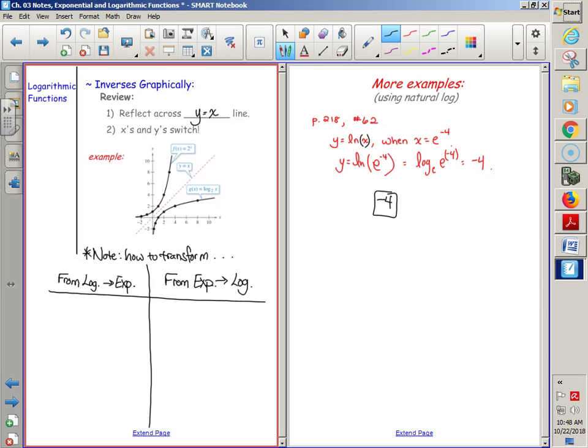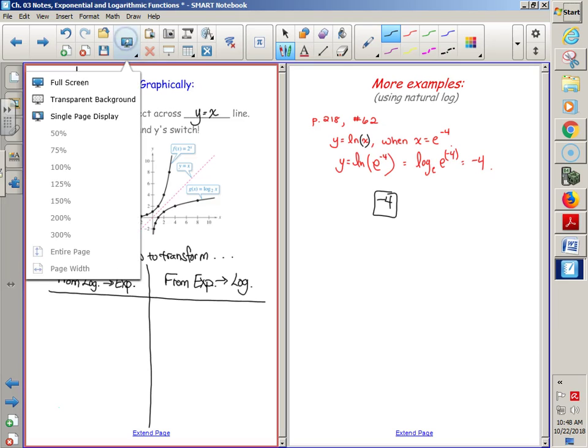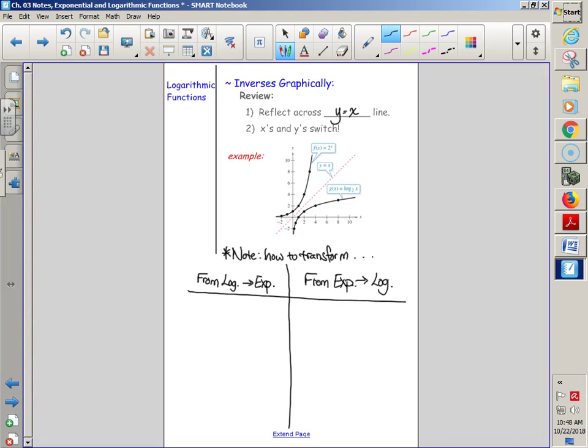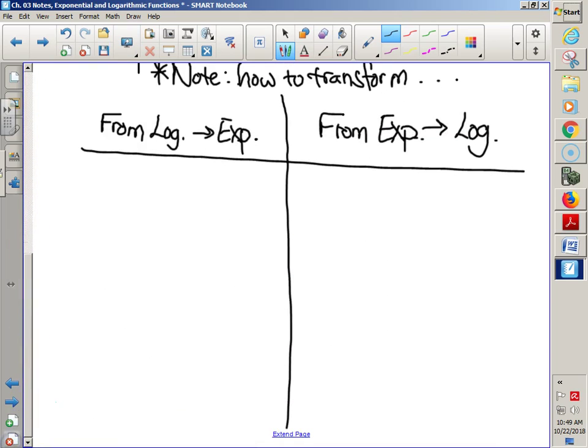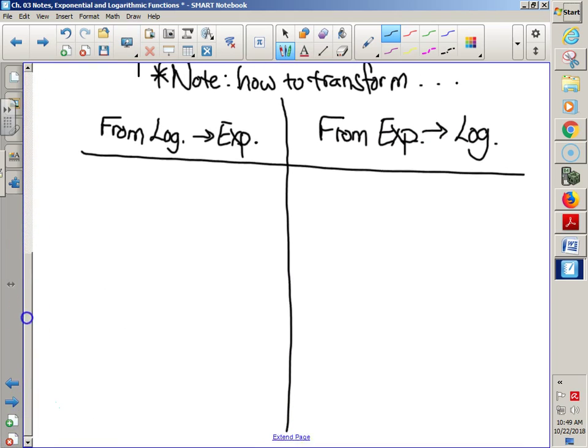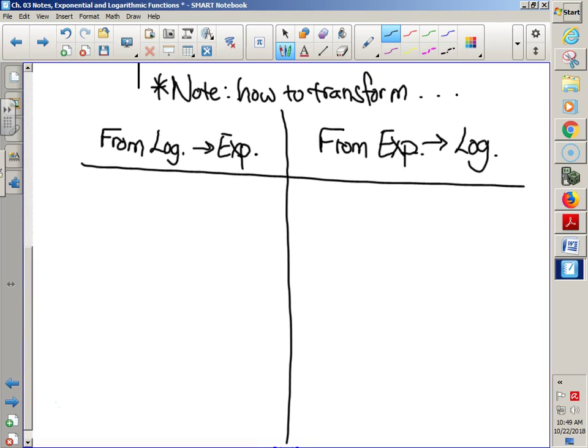And similarly, if something is in a log and the x is stuck, you're going to want to get it into an exponential form. So even though ultimately I would say, if you master the skills of the properties of these functions and what's allowed, what's not allowed, and the one-to-one inverse properties especially, you really don't need to memorize this, but for a few of you, it'll make you feel better if you have it written down somewhere. And we haven't reviewed it yet this year, and I do apologize for that.